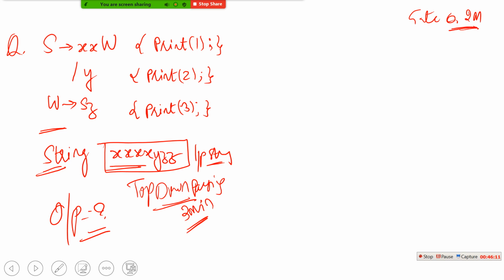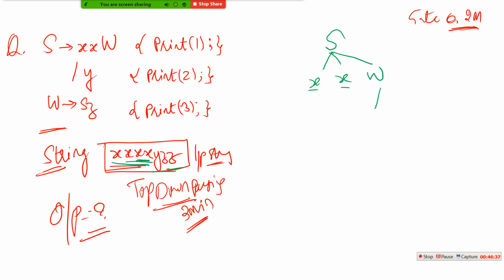Okay. So now I am solving this problem, guys. Focus on the screen now. Guys, we need to generate our string. What string do I need to generate? Double x double x y double z. So I will start from the initial symbol, that is S, and I will generate double x W. Now I have 2 x, but I again need 2 more x.